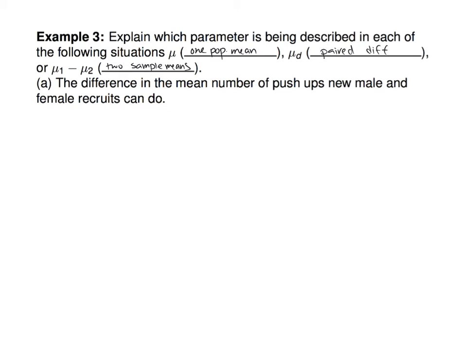So the difference in the mean number of push-ups new male and new female recruits can do. Well, is there any obvious pairing between male recruits and female recruits? I don't think so. So this is two different populations, i.e. we have mu1 minus mu2.